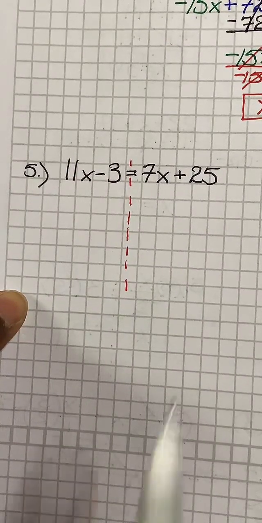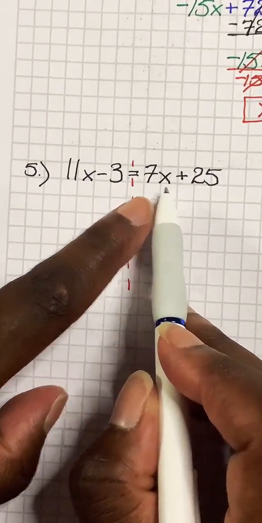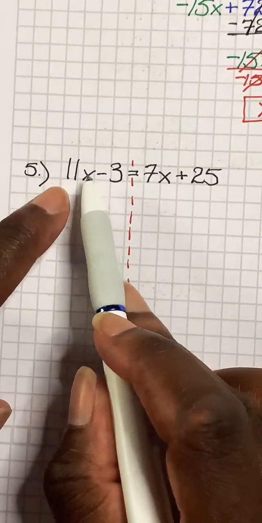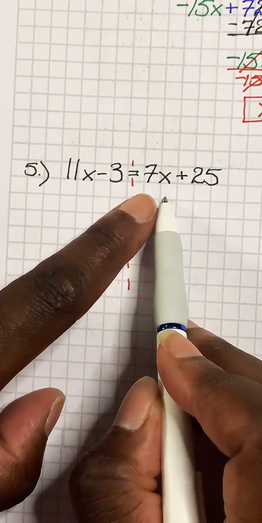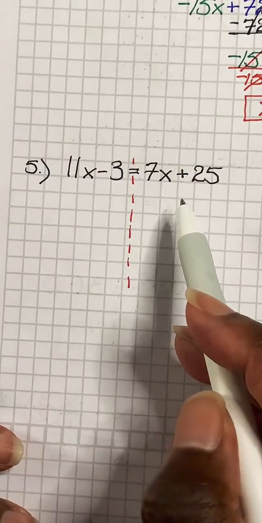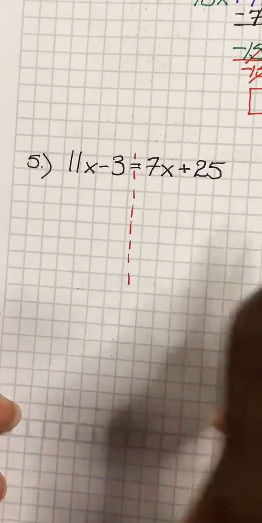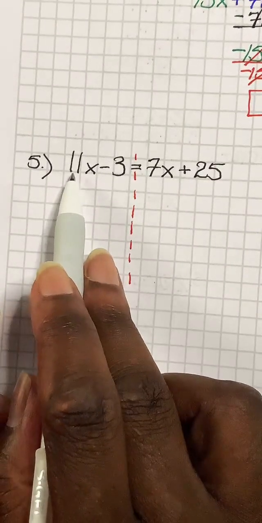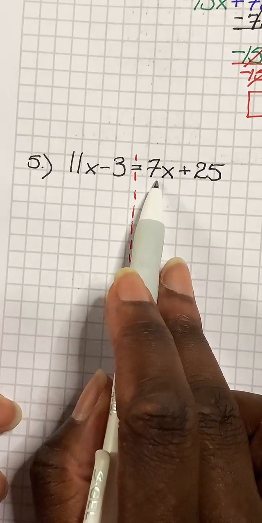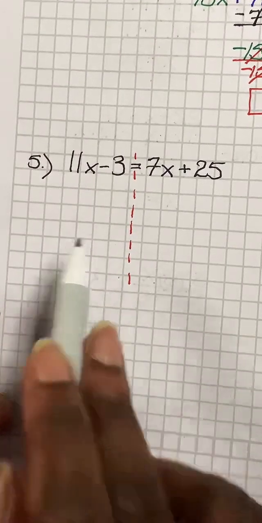So we need to move. And you can move your x either to the left or move this x to the right. You're going to get the same answer. I know you were in school and everybody said, put it on the left. Okay? But I'm going to put it on the left because 11 is larger than 7, and that means I know I'm going to get a positive result when I combine it.